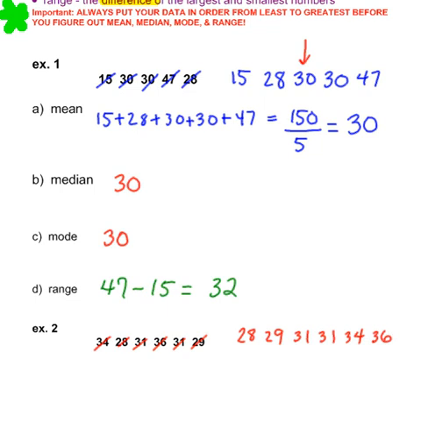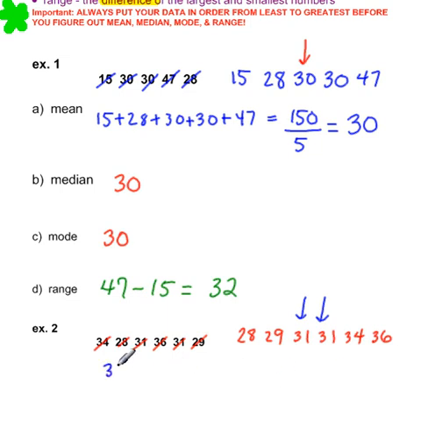We're just going to be looking at median for this one, and median is the middle number. Now if you look here, we have 6 numbers, and we don't have a number that's in the exact middle because we have 2 middle numbers, 31 and 31. So what we're going to have to do to find the median is take the mean of these 2 numbers, and that means average.